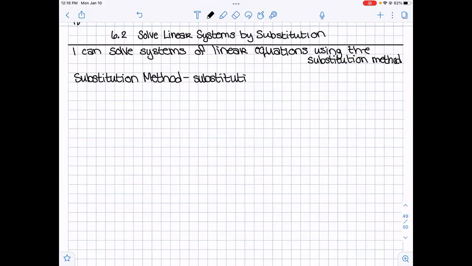Anybody remember what an expression is? Substituting one expression into another in order to solve. You do need to highlight that.